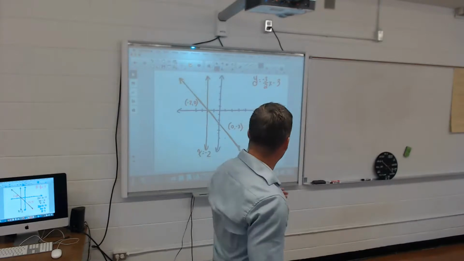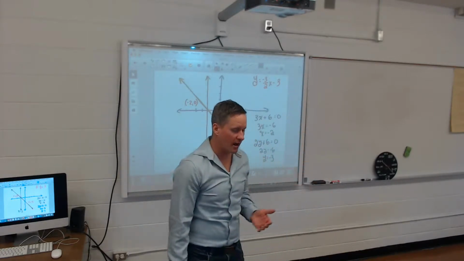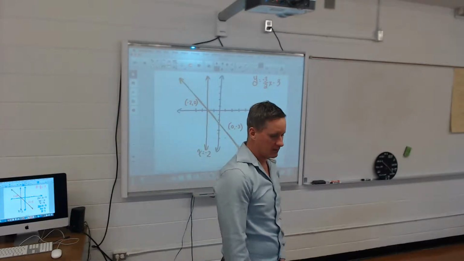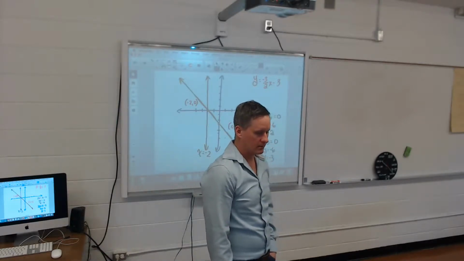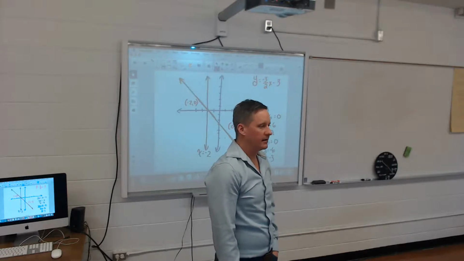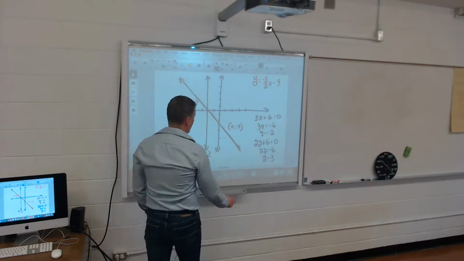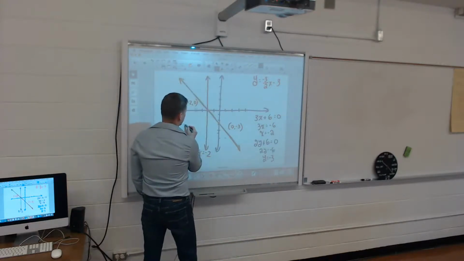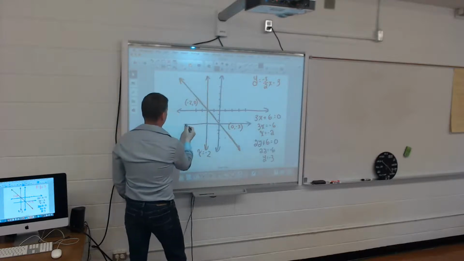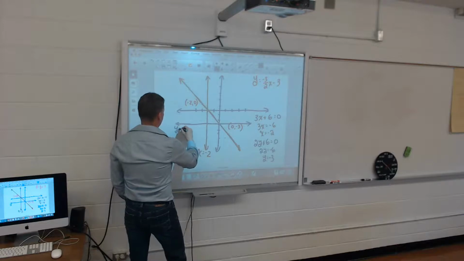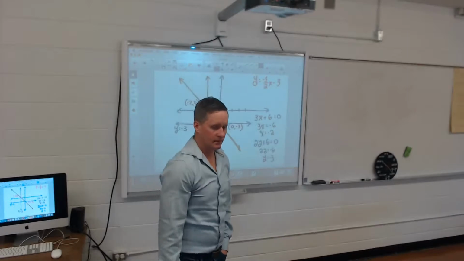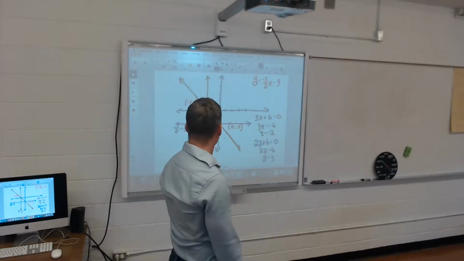If x equals negative 2 is a vertical line, what do you think y equals negative 3 is going to be? The same, but like along the y-axis. Yes. It's a horizontal line right through y equals negative 3. That's it there. Like that. Okay?